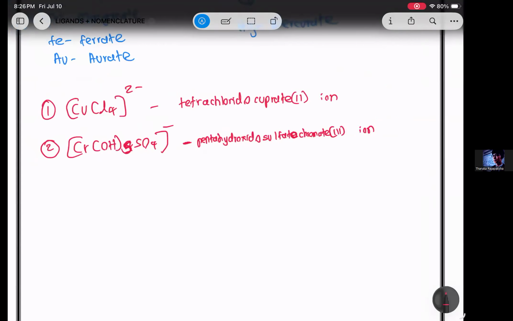The charge is also changing. Yeah, that's correct. This is 2 minus. The charge is higher because sulfate will also have a charge. So altogether minus 2 and minus 5 is minus 7. Minus 7 plus 3 is minus 4.